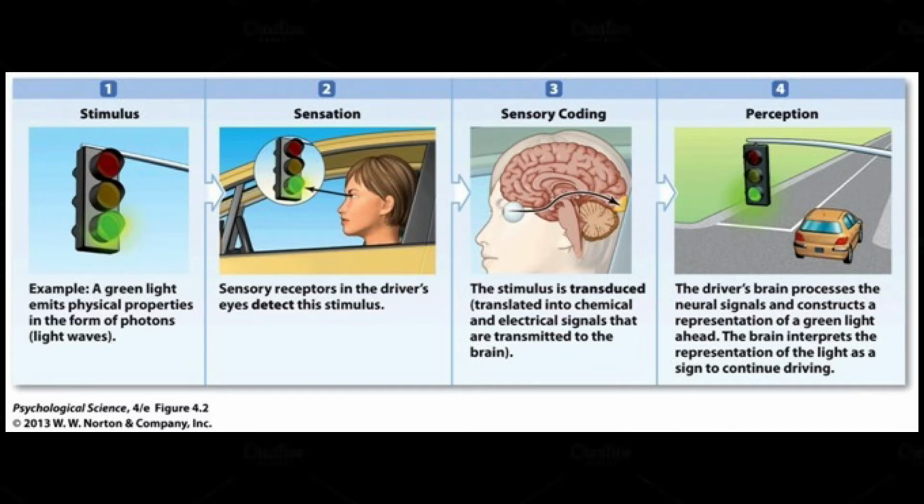Then the sensory receptors in the driver's eye detect this stimulus, followed by the sensory coding, where the stimulus is translated into chemical and electrical signals that are transmitted to the brain. Then finally, perception takes place, where the driver's brain processes the neural signals and constructs a representation of the green light ahead. The brain then interprets the green light as a signal to continue driving.